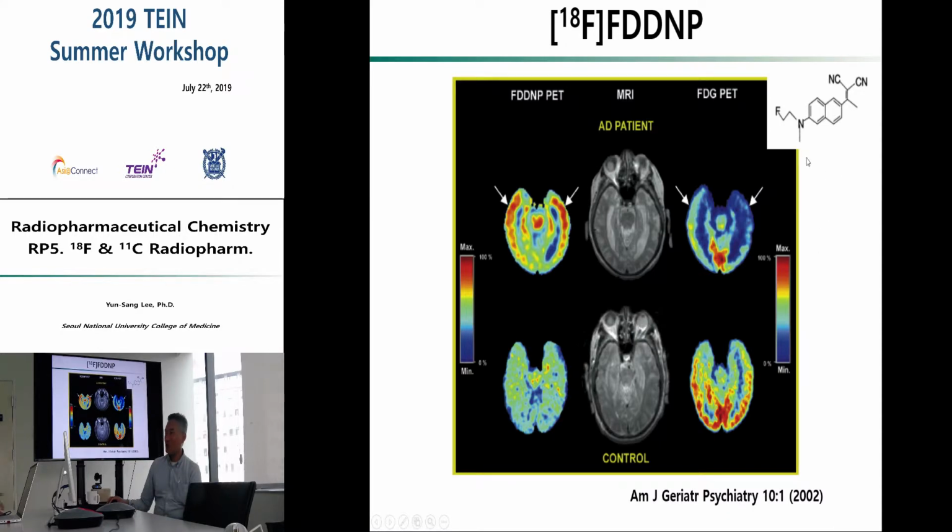And another part of Alzheimer's disease is tau imaging. FDDNP can visualize both the amyloid plaque and tau deposits. They said that both targets can be visualized with only one radiopharmaceutical.